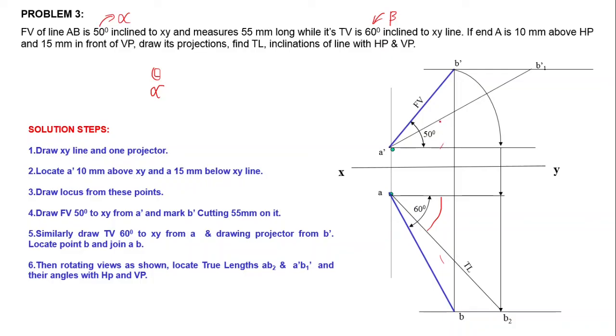Then this complete angle will become the true inclination with HP, theta. Then inclination with HP found out, inclination with VP found out. We have already found out the true length, and the projections of that line are already completed.